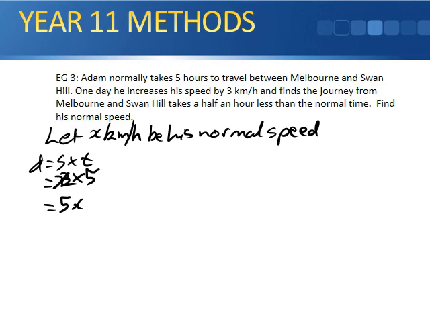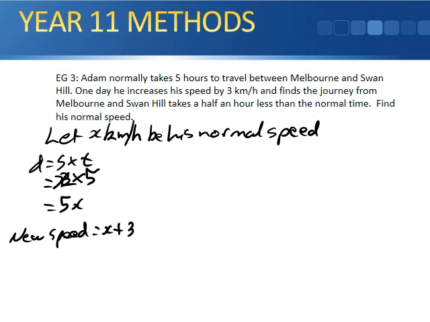But Adam's new speed is x plus another 3, because it increases it by 3. And we know that it takes him half an hour less than his normal time.